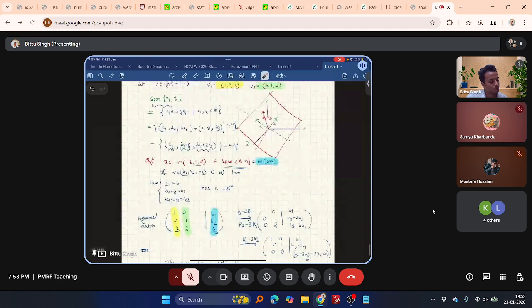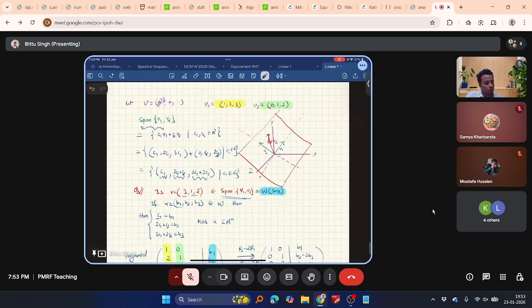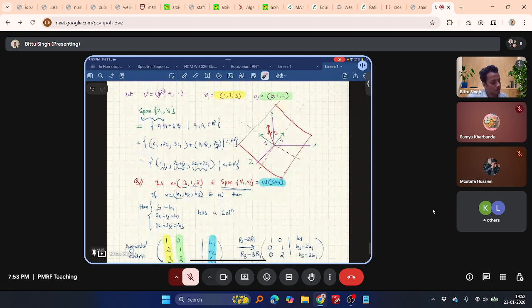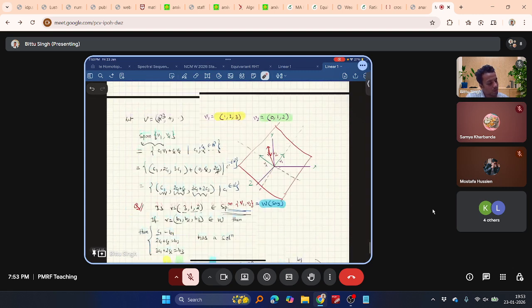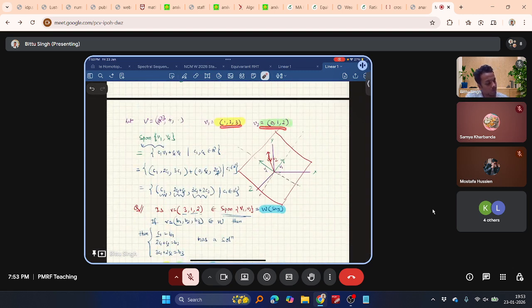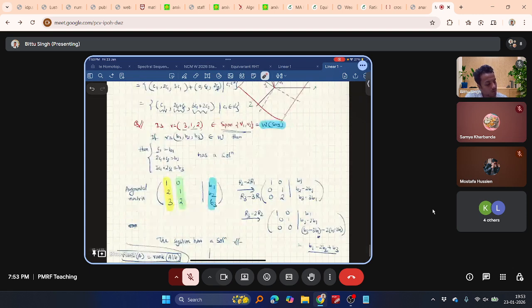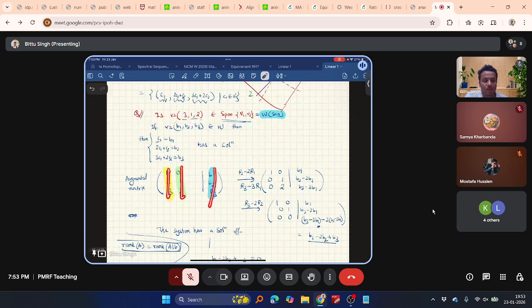So let us review what we have done. We are checking whether this new vector 3 1 2 belongs to the span of those two earlier vectors. To see this, we put those tuples as columns of an augmented matrix.